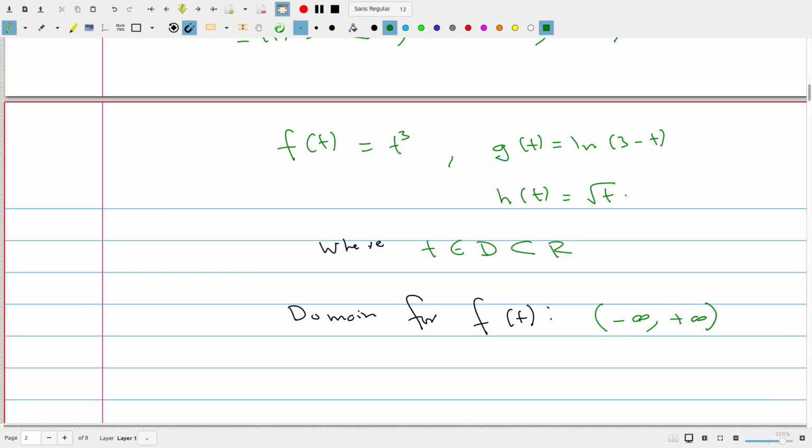Why? Because f(t) is t cubed, and a polynomial can take on any values in its domain.